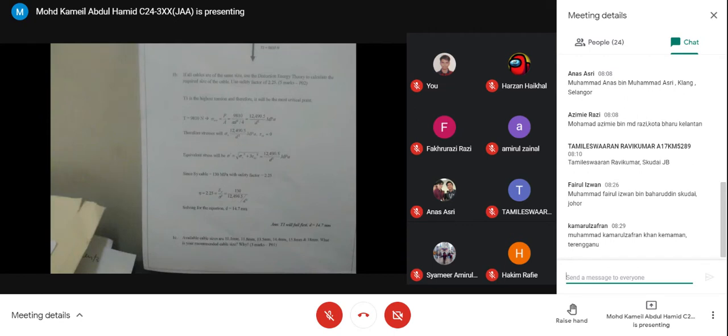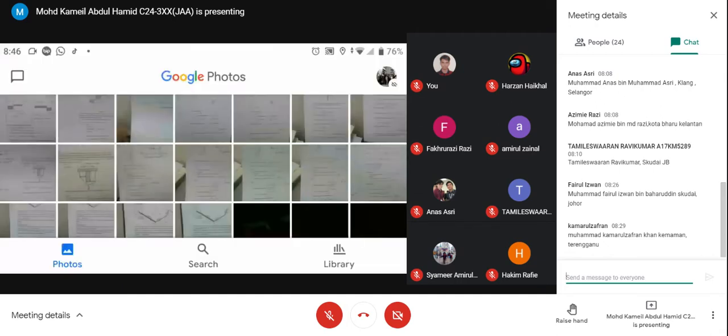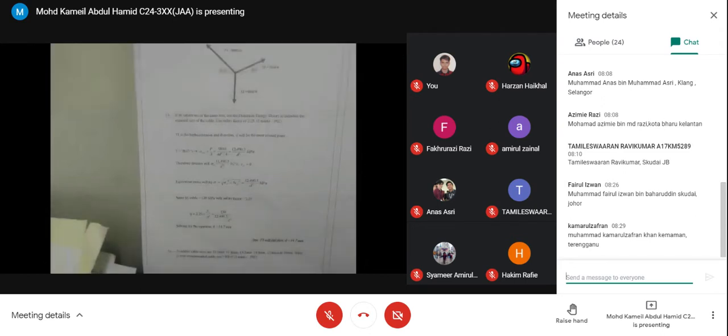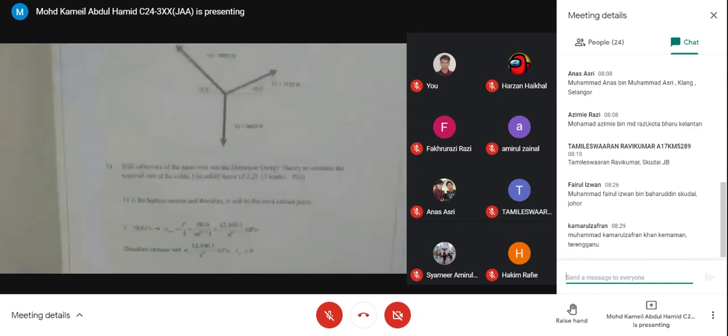Okay, let me see what comes next. So that is the cable, the 3 cables. T2 is 7118 Newton.